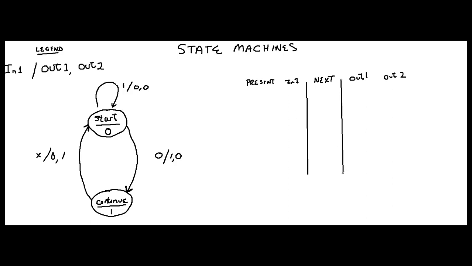So let's draw it. Suppose your present state is 0. Remember, this has to go in normal binary order, the equivalent of 0, 1, 2, 3, 4, 5 if it was decimal. So if you're at 0, 0 and you clock it, input's 0 and you're at 0.